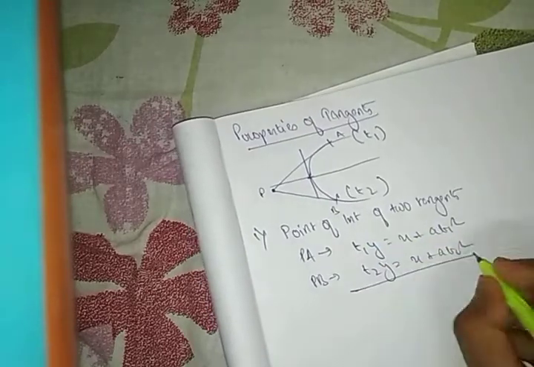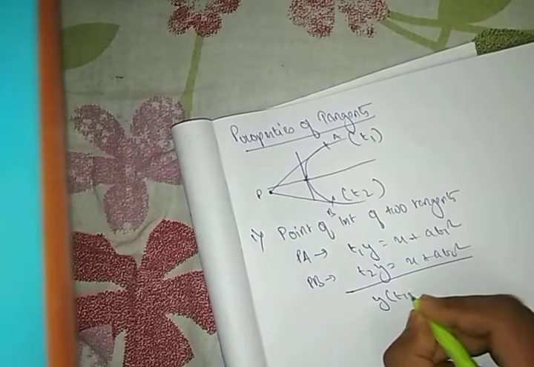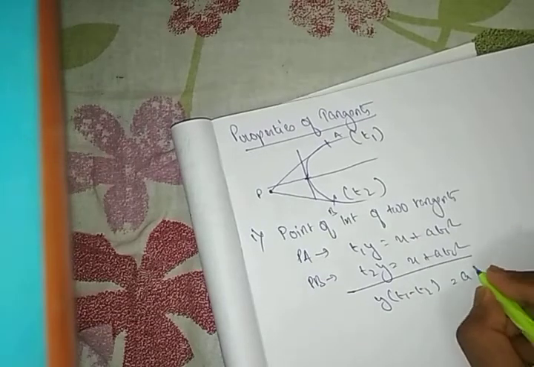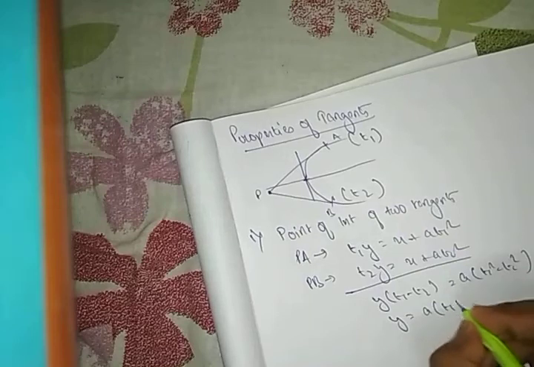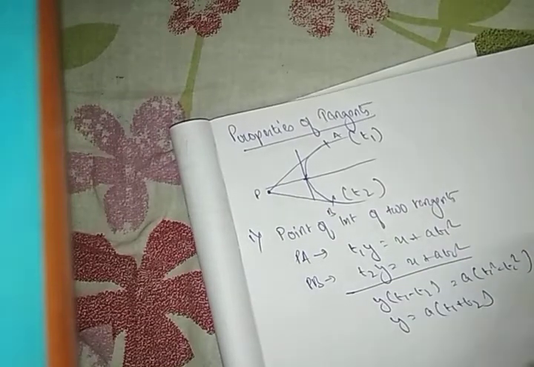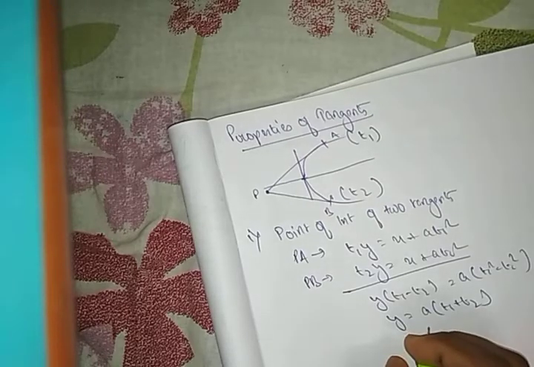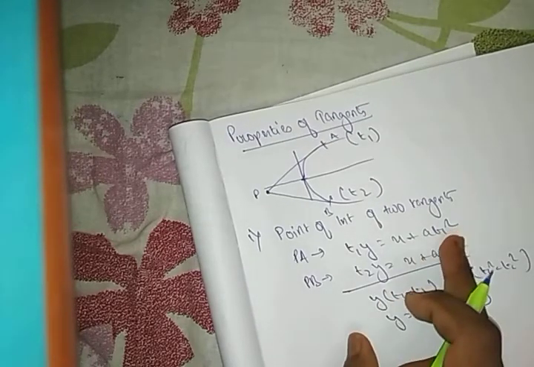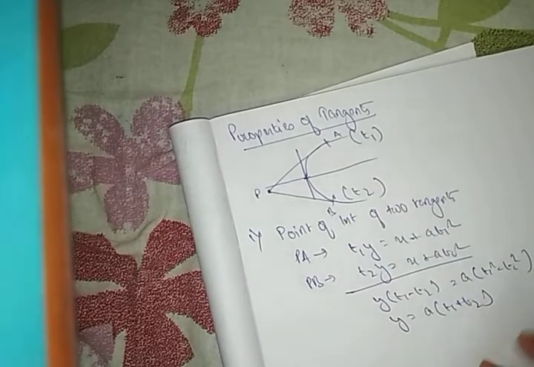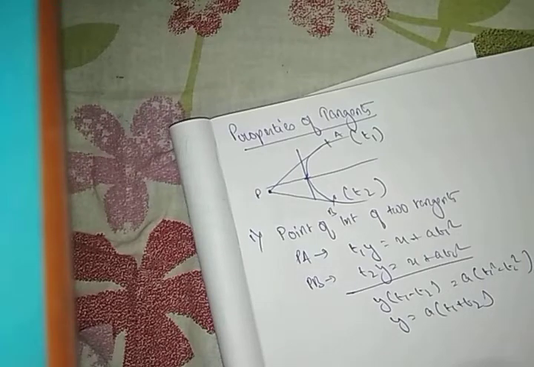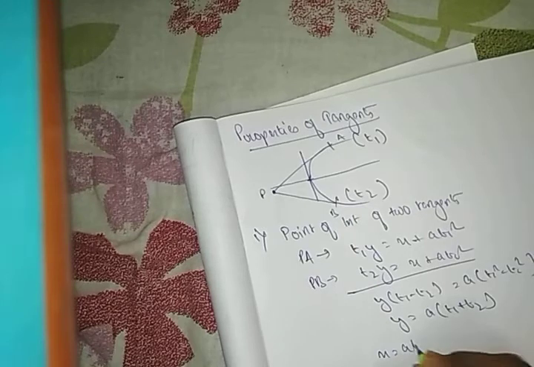Just solve them. If I subtract them, x cancels, and y times (t1 minus t2) is equal to a times (t1 squared minus t2 squared). So y is equal to a times (t1 plus t2). If I put y equal to this value, the t1 squared terms cancel, and then x becomes a t1 t2.